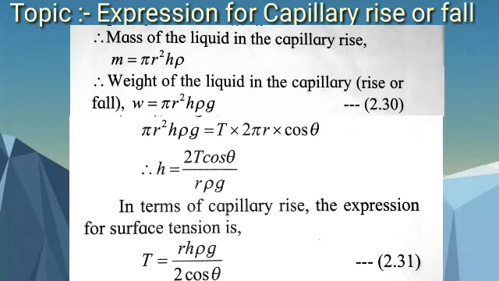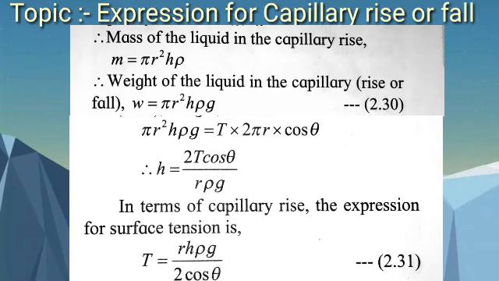Using this formula, if T and r are known, then the height of a liquid column in a capillary tube can be determined easily. In terms of capillary rise, the expression for surface tension is T is equal to r h rho g by 2 cos theta.